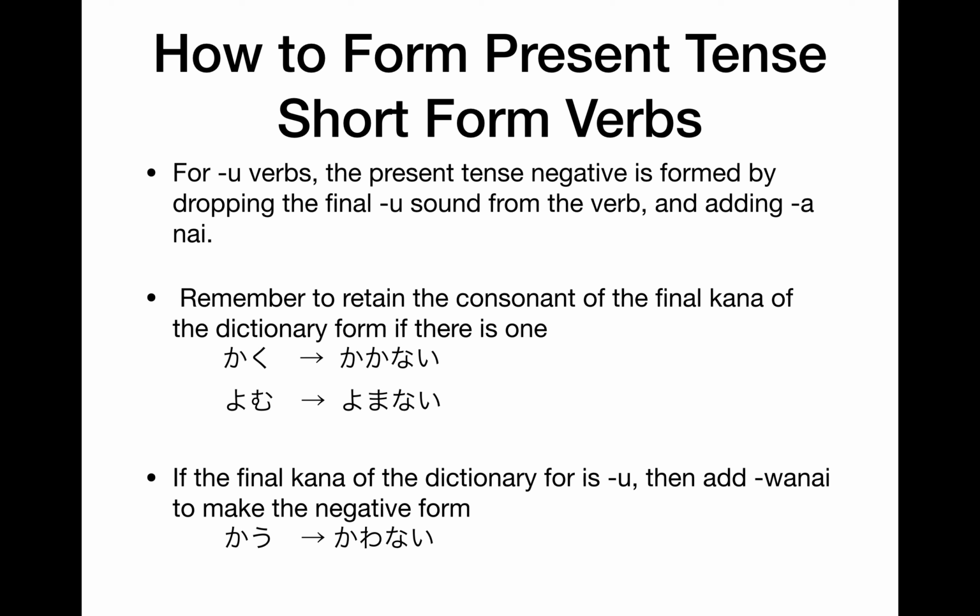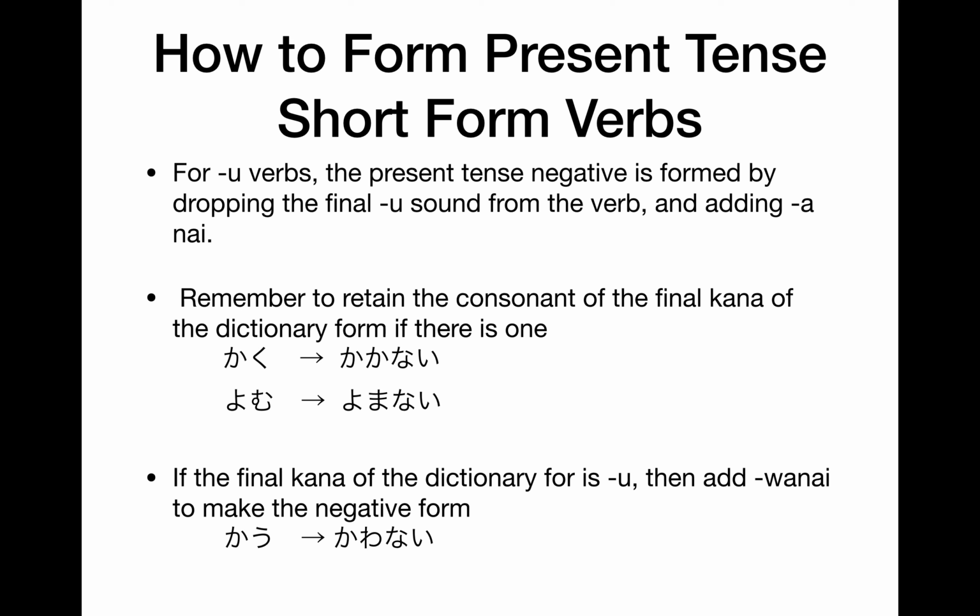In that case, you added -imasu. So remember, kaku became kakimasu. In this case, we also are using kaku as an example. So you take kaku, you retain that final K consonant, and add anai, and you get kakanai, right?